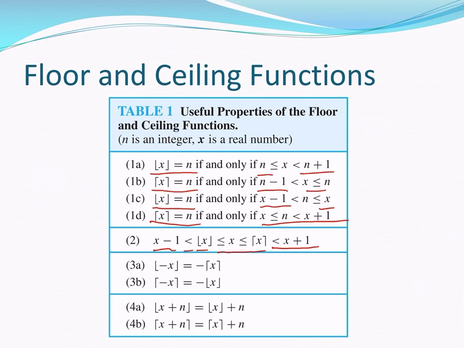You could look at our prior example with negative 1.5 to illustrate that. And finally, the floor function of x plus an integer is equal to the floor function of x plus the integer. And the ceiling function of x plus an integer is equal to the ceiling function of x plus that same integer.